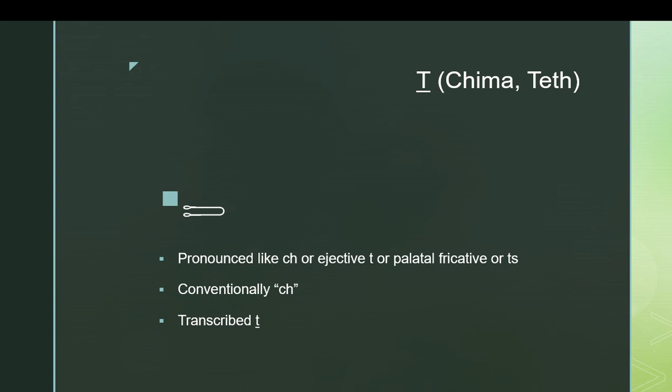I personally lean towards that it was a CH, because it makes for a very nice mirrored pair with the D and the D underline that we're going to meet in a minute. But we don't know. The jury is very much still out on this sound. Conventionally, it's pronounced as the ch in church, and it's transcribed with a T underline.